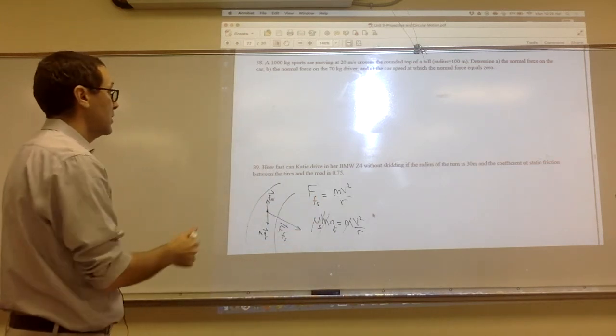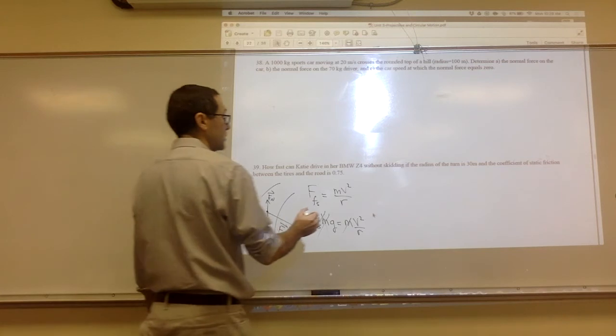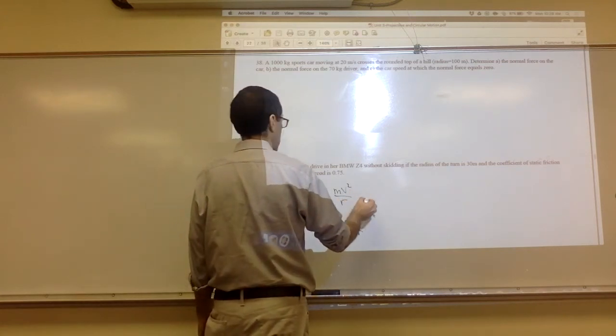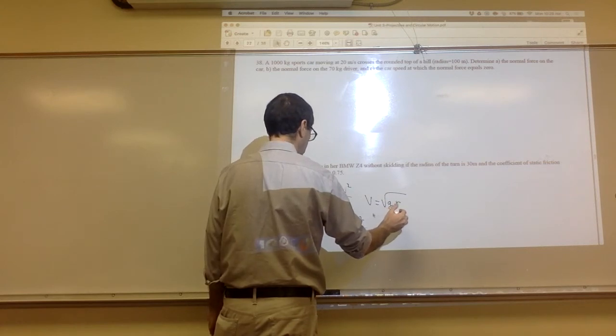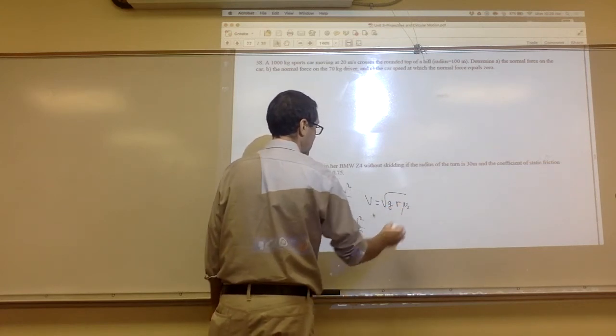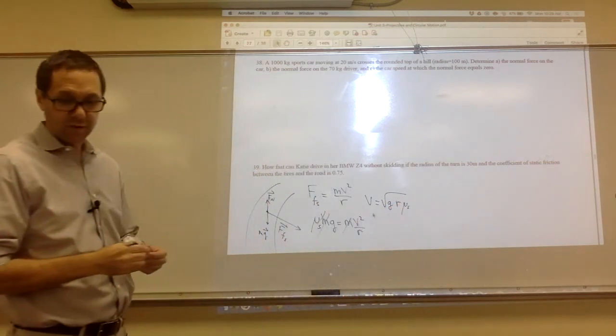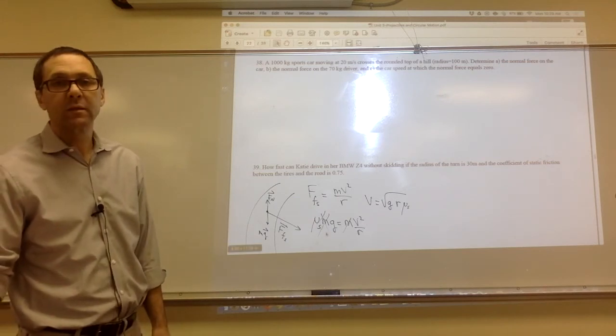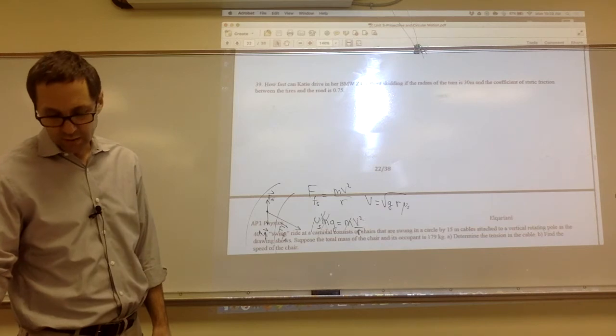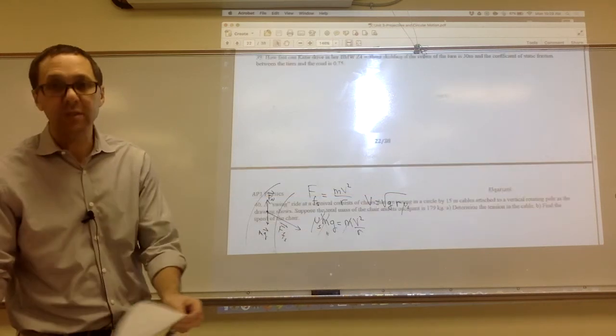It could be a truck, it could be a car. So v is the square root of g times r times mu static. And you can figure that out. Your answer should be about 15 meters per second.